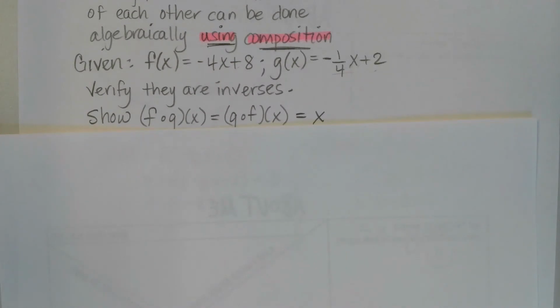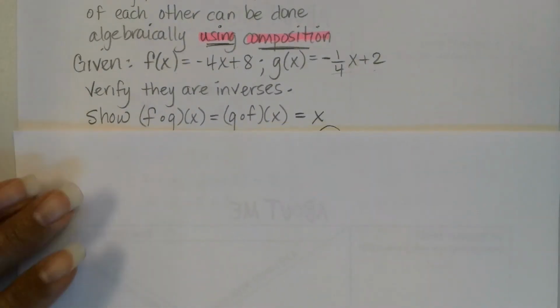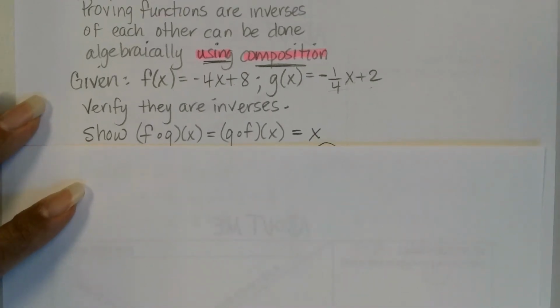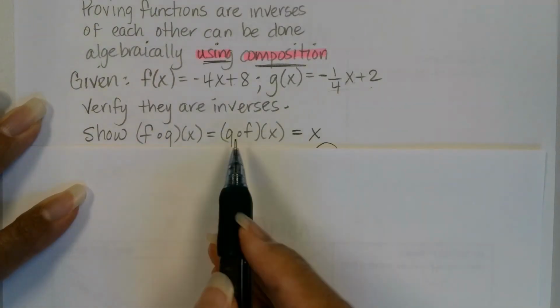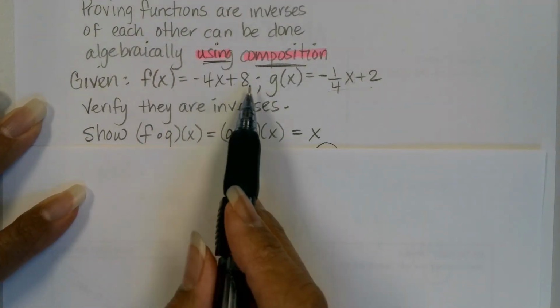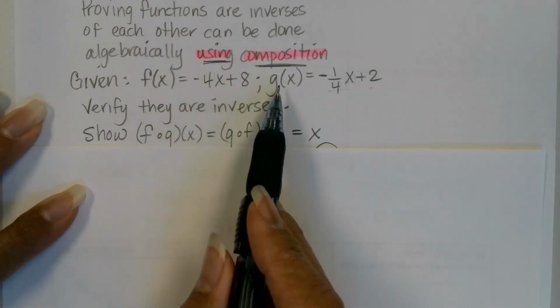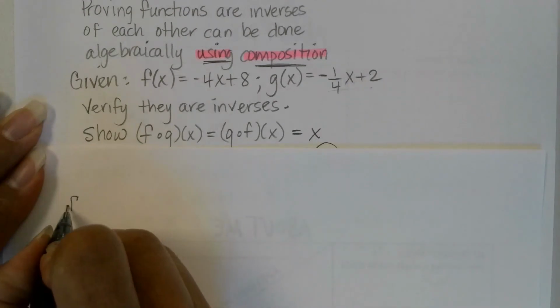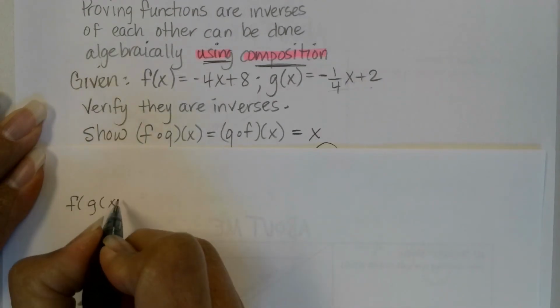So let's start doing that. I'm going to hold this paper here, so I actually have the answer right underneath there. Let us start off with f composition g. Let's rewrite it in function notation.